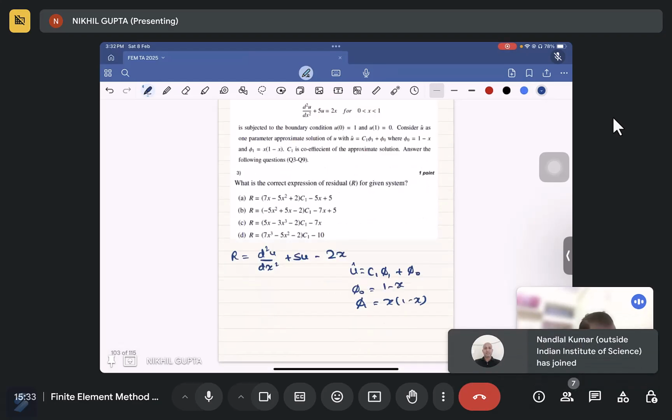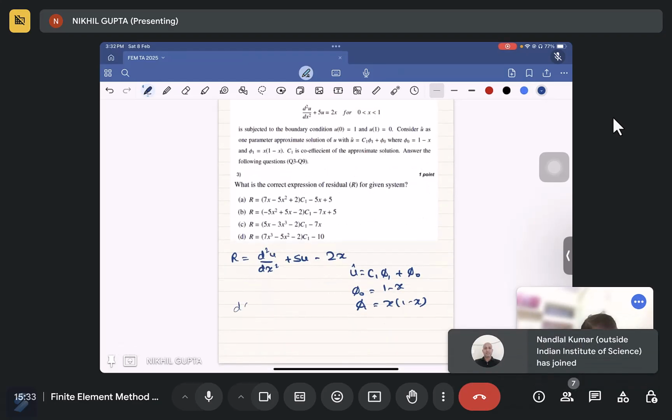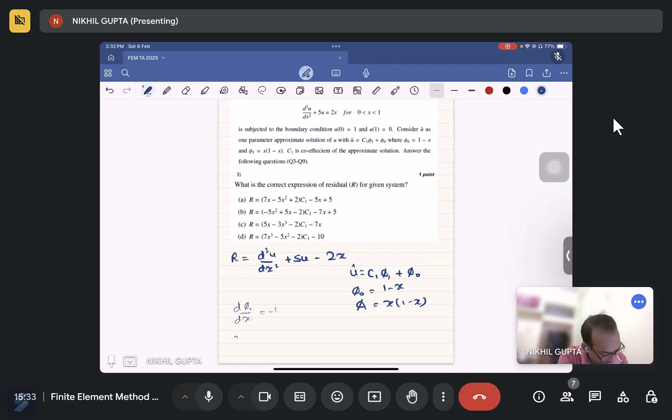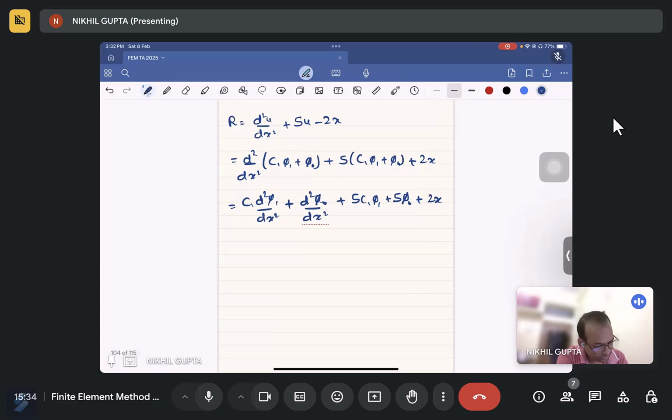So d phi naught by dx is minus 1 and d2 phi naught by dx square is equal to 0. Then d phi 1 by dx will be 1 minus 2x, and d2 phi 1 by dx square will be minus 2. Okay, so these values will be used there.